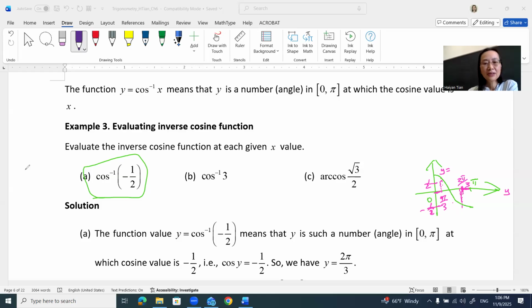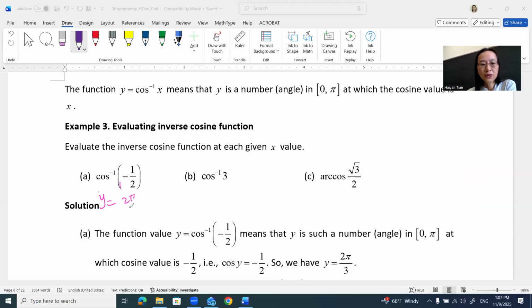So this is the y value when the input for the cosine inverse is negative half. So the y is 2 pi over 3.